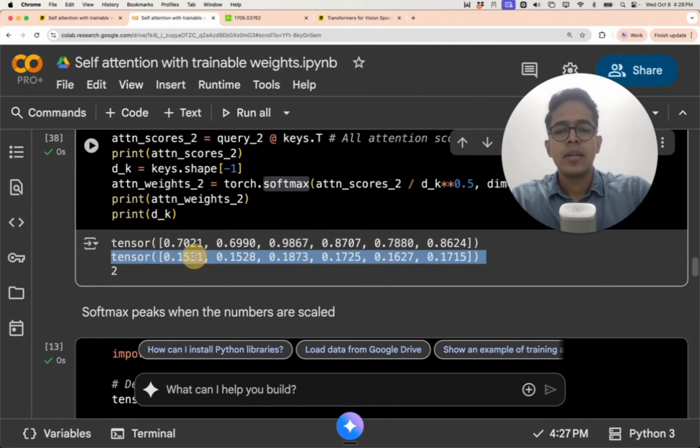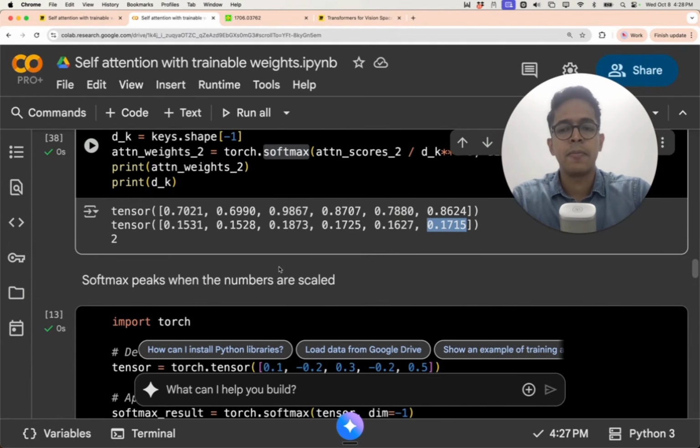So these are now the normalized, or these are the attention weights. And these will add up to 100.